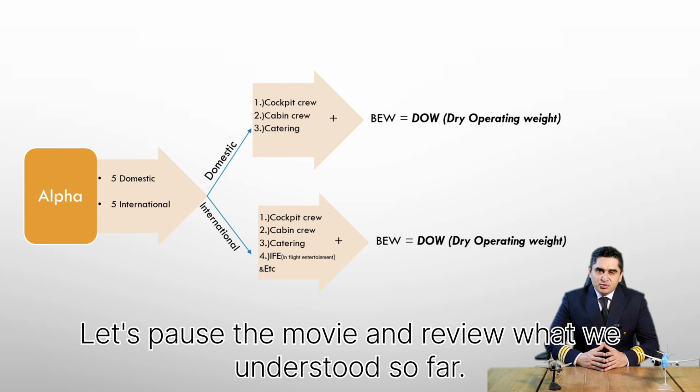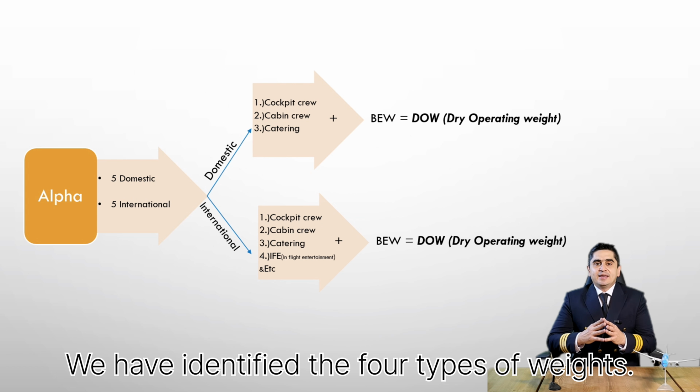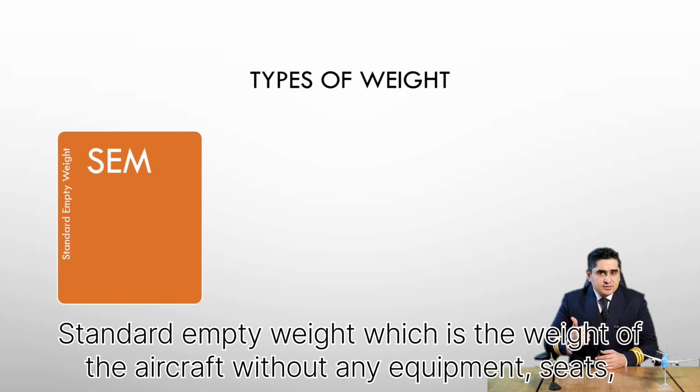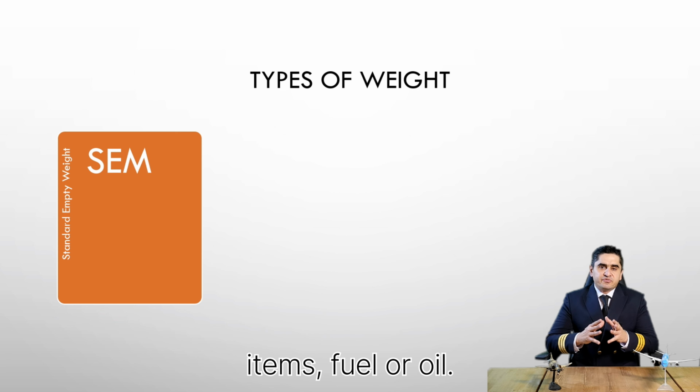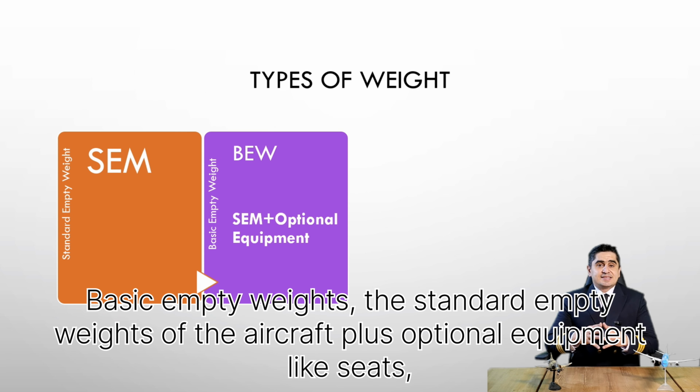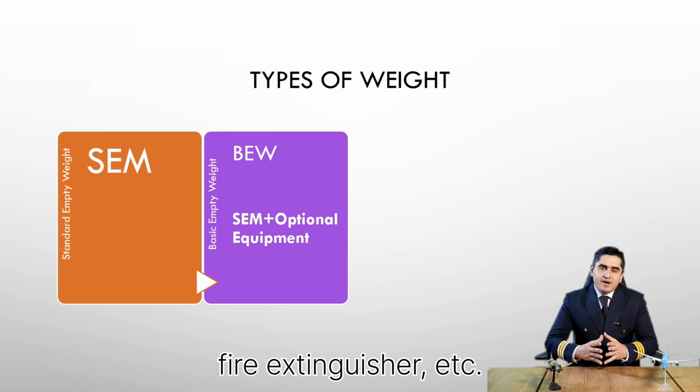Let's pause the movie and review what we understood so far. We have identified the 4 types of weight. Standard empty weight, which is the weight of the aircraft without any equipment, seats, items, fuel, or oil. Basic empty weight, the standard empty weight of the aircraft plus optional equipment like seats, a fire extinguisher, and so on.